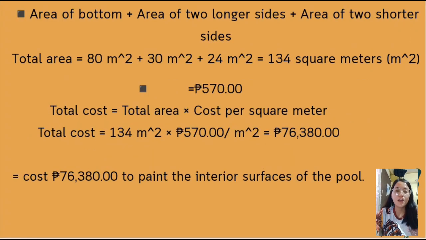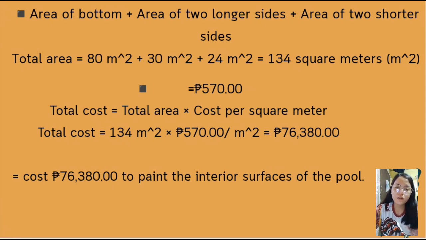Next, calculate the total interior surface area. Total area equals the bottom area plus the area of the two longer sides plus the area of the two shorter sides. So the total area is equal to 80 plus 30 plus 24, which is 134 square meters. Now calculate the total cost of painting.